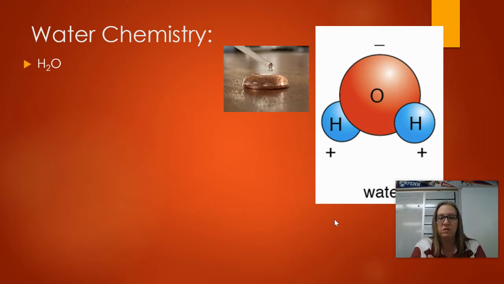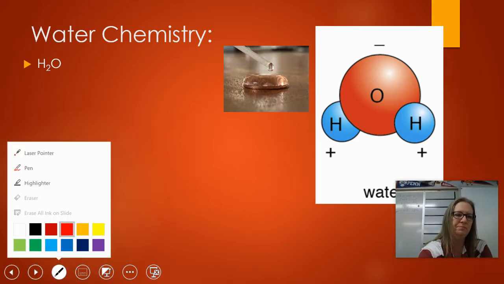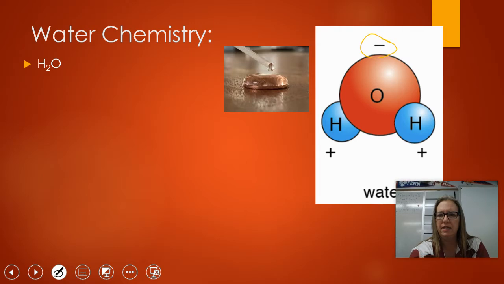So water we know is H2O. That means there's 2 hydrogen atoms for every 1 oxygen atom. Okay, but the way this works is the oxygen is slightly negative and the hydrogens are slightly positive, not totally, but just a little bit, okay?